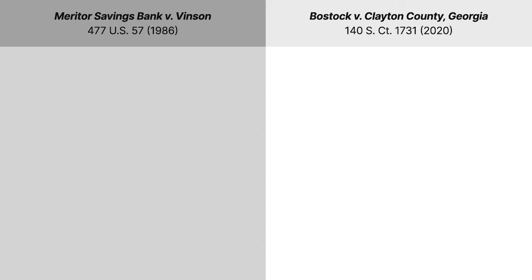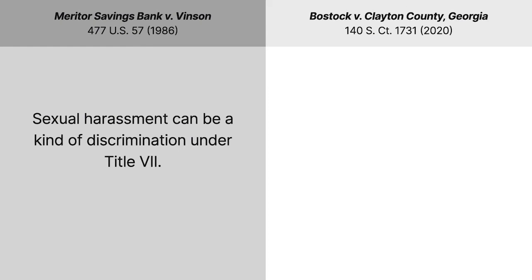And again, that's a quote from Meritor Savings Bank v. Vinson, 477 U.S. 57 from 1986. And this was a case that held actually that sexual harassment could be a kind of discrimination under Title VII, as initially that wasn't directly written into the Civil Rights Act of 1964.